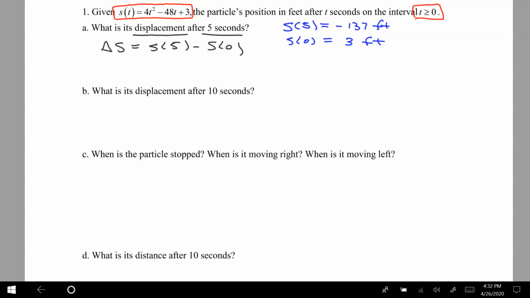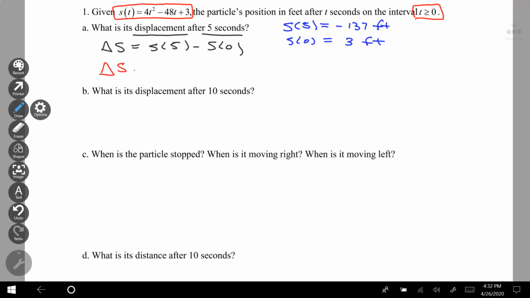I did my calculations. So my displacement is -137 minus 3. So my total displacement is equal to -140 feet, which means I went left.